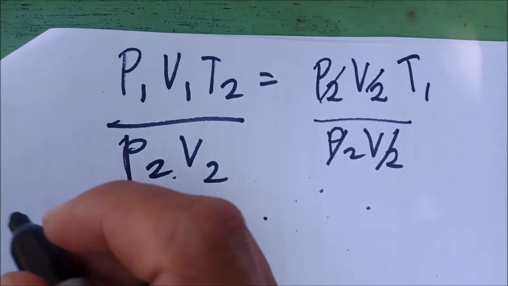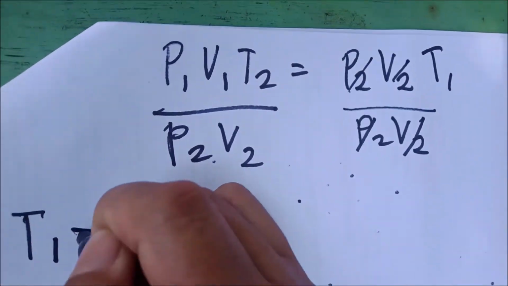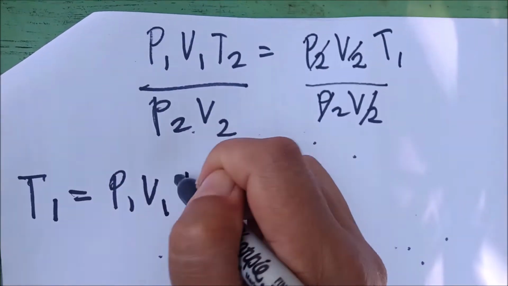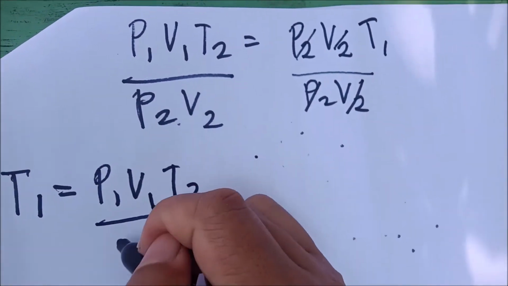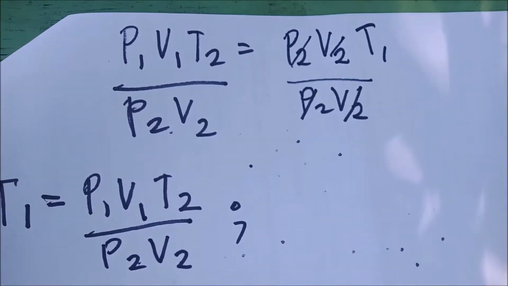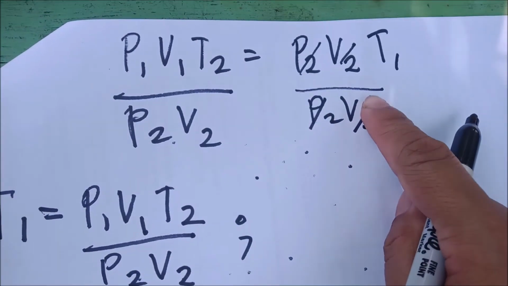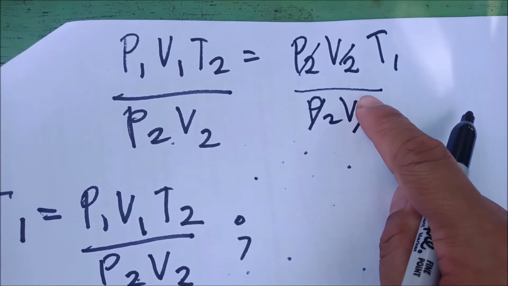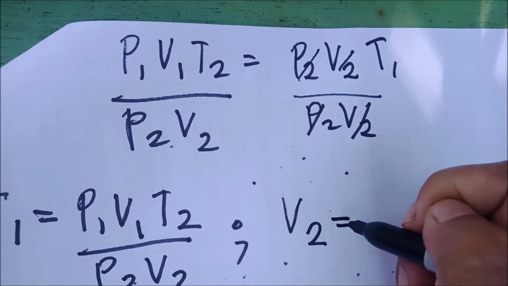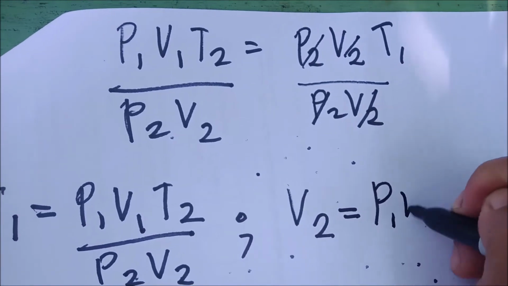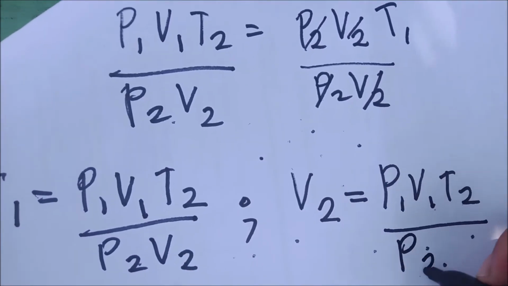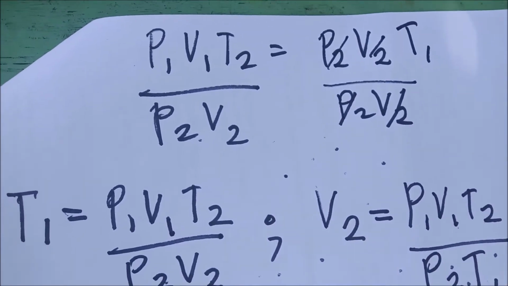So what's left is that your formula for T1 will be P1 V1 T2 over P2 V2. Next, eliminate on this side T2 and T1 so that we will have the formula for V2. So V2 will be P1 V1 T2 over P2 times T1.